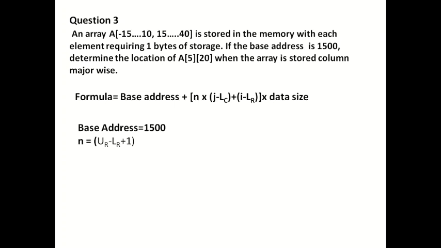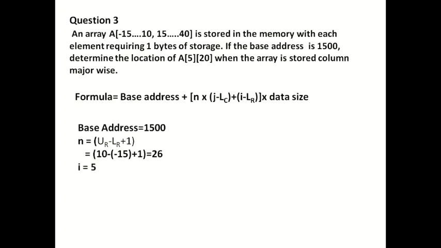Similarly, 15...40 means the lower limit of the column is 15 and the upper limit of the column is 40. Whenever we have to find the number of elements, we use the formula UR minus LR plus 1. The value of UR is 10 and the value of LR is -15, plus 1. So the number of elements is going to be 26. This is how we can find the number of elements in each row in the case of column major.